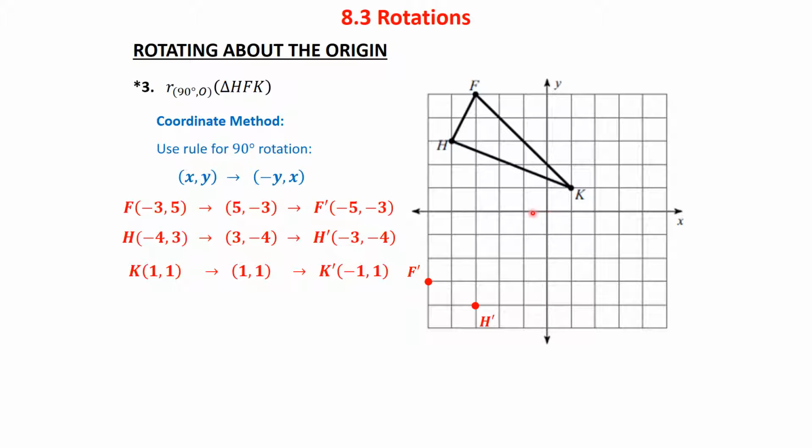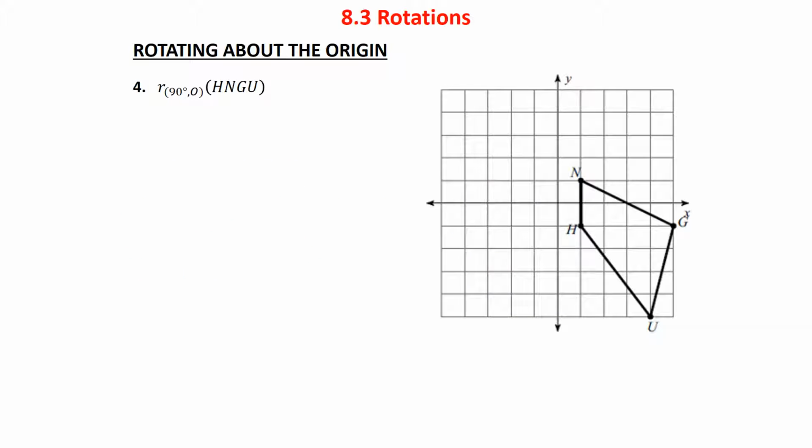So here I'm going to go left 1, up 1, and that rotates 90 degrees that way. Okay, and then my last step is I want to connect my dots and draw my new figure. And so now I know my image of this 90 degree rotation will be at the triangle H prime, F prime, K prime.